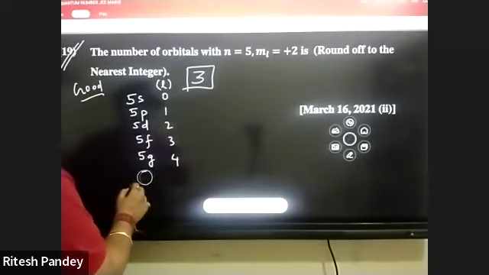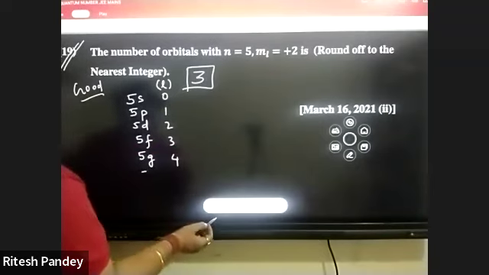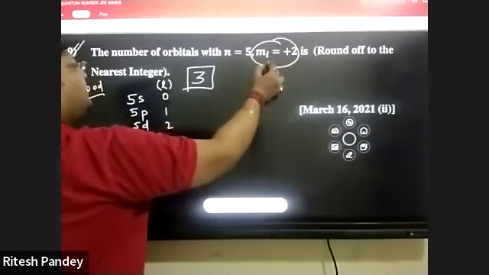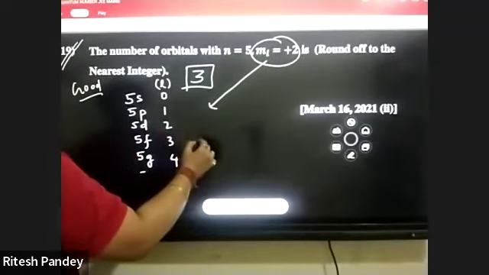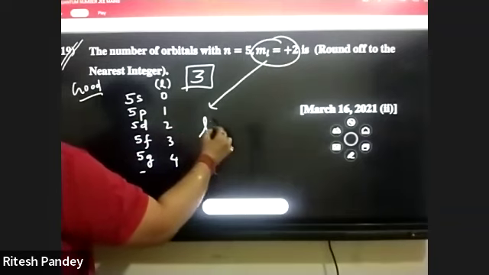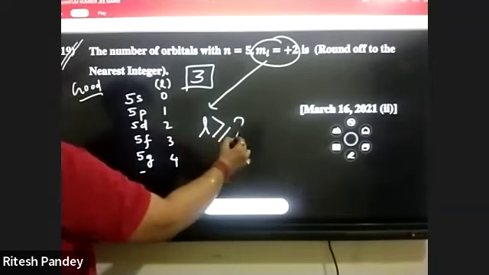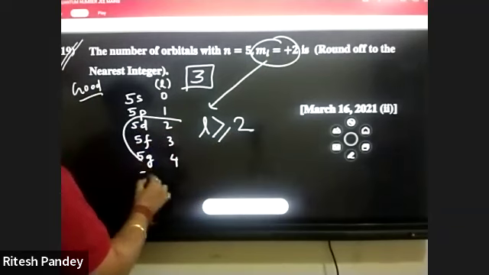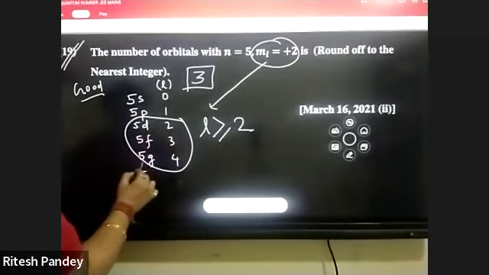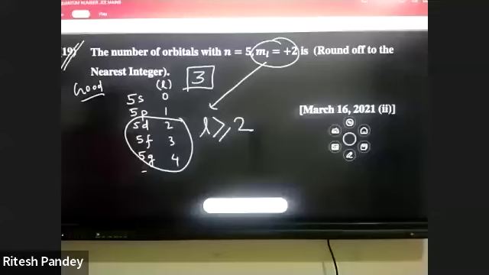I hope I am being understood. You know, the value of ml +2 is possible only when the value of L is more than or equal to 2. So for these three only, 5d, 5f, and 5g will have orbitals with a magnetic quantum number of +2. Please respond with a yes or no.